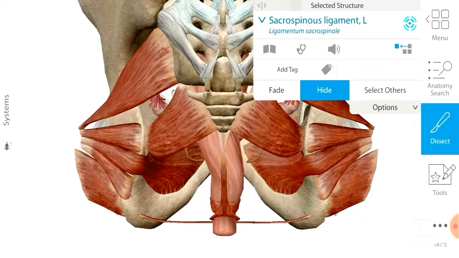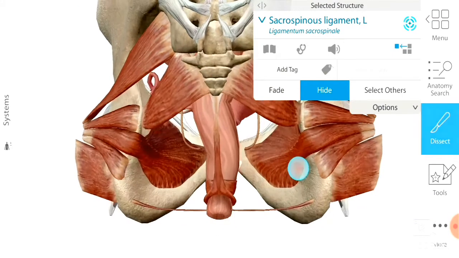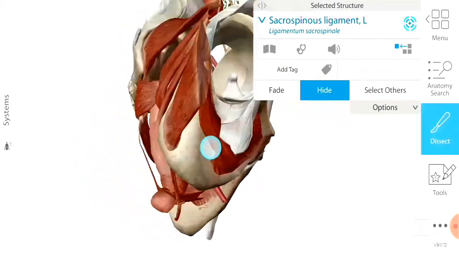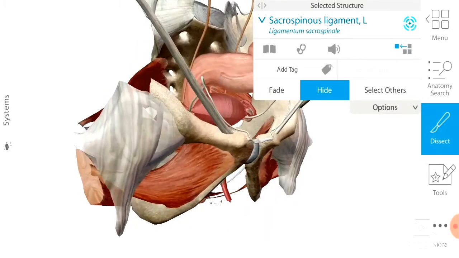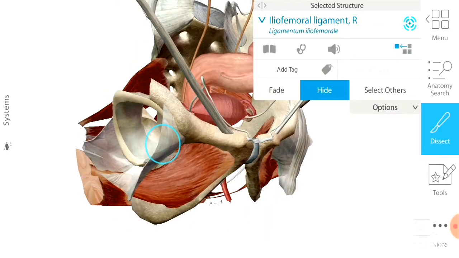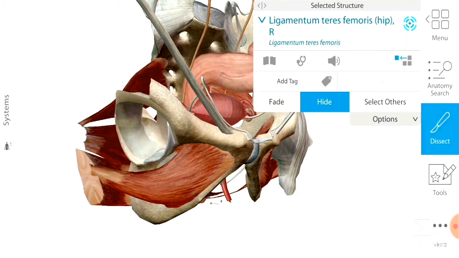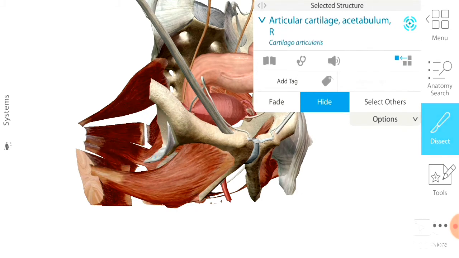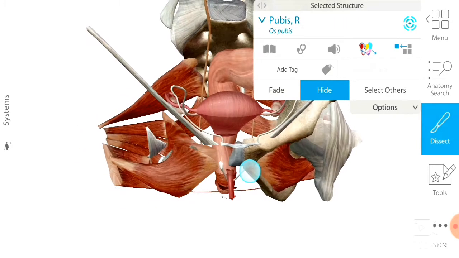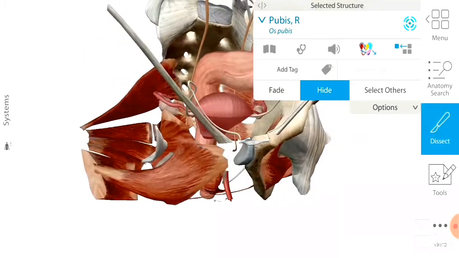And I'm also going to dissect some other structures such as the bladder right half and inferior pubic ligament and the bladder left half, so that some more structures are visible. Pubocervical fascia is also removed. Rectovaginal fascia is also going to be removed. And cardinal ligaments of the uterus are removed.